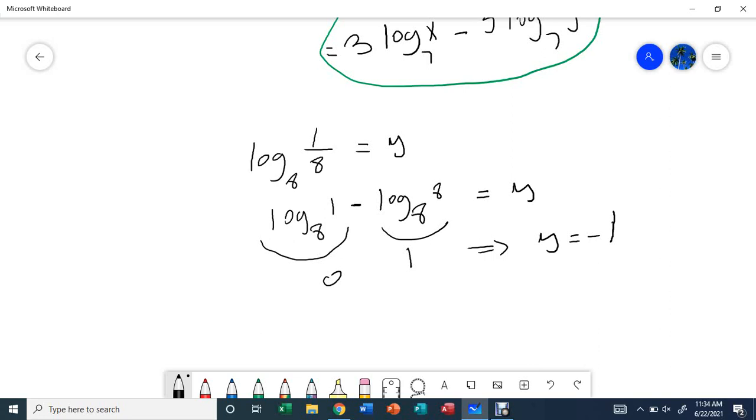So you can do it this way, or you can change 1/8 to 8 to negative 1.